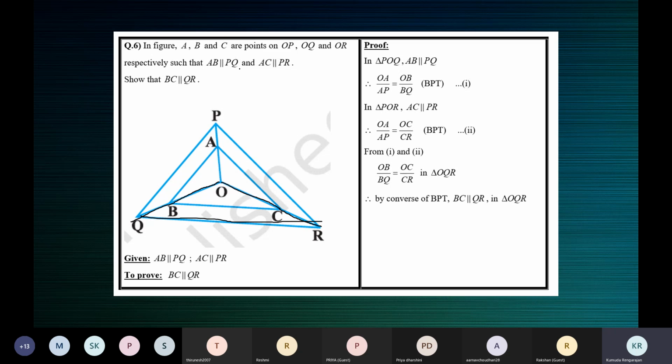So everything is given to us. Use this parallel line information in the appropriate triangle and write a proportion. Use this information again in the appropriate triangle and write the proportion.